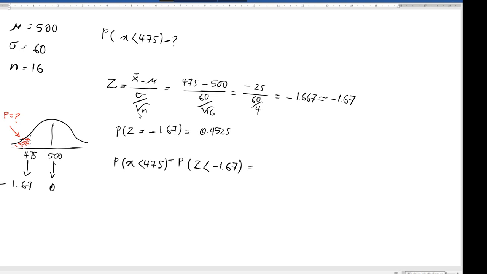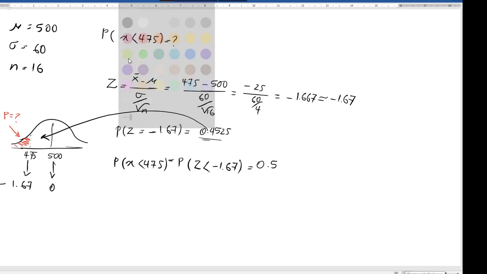That would be equal to, I know that the entire left side is 50%, so I am interested in this area. That probability corresponds to this side if I choose another color. So that's the area that I read the probability from the table.